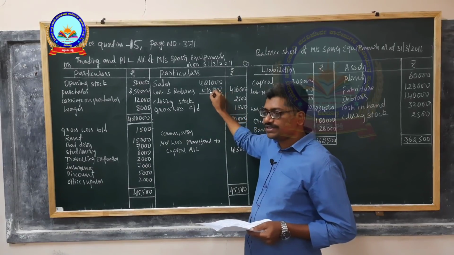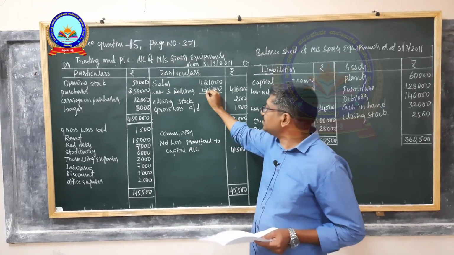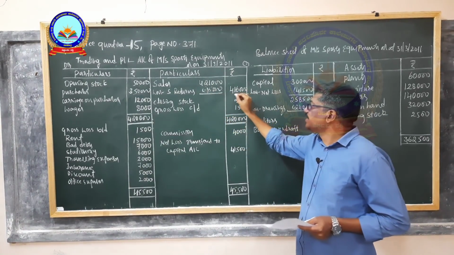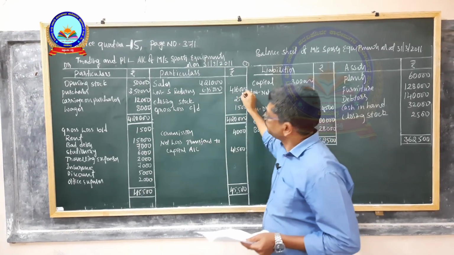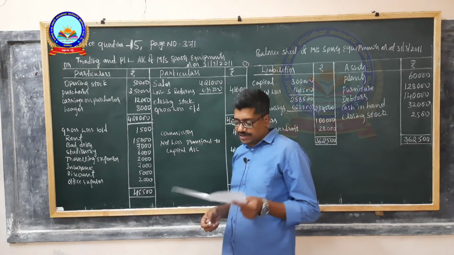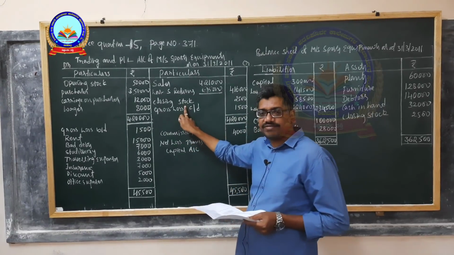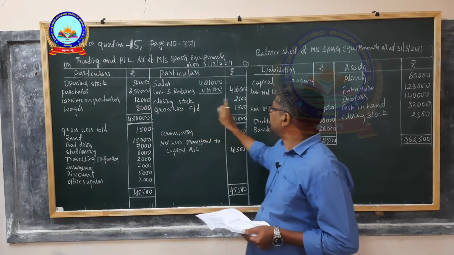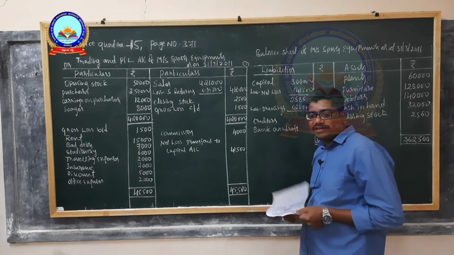Subtract rupees 5,000 from 4,21,000. 4,21,000 minus 5,000 is equal to 4,16,000 rupees. You record 4,16,000 rupees in the final amount column. Then as usual you have to record the closing stock. Closing stock will appear in the credit side of a trading account after the sales, right? Closing stock rupees 2,500.